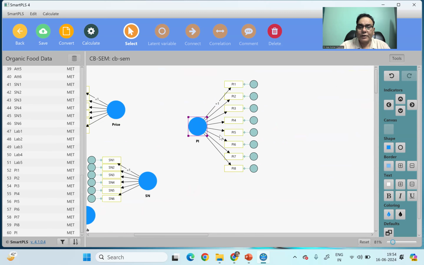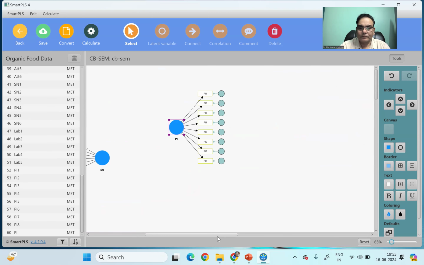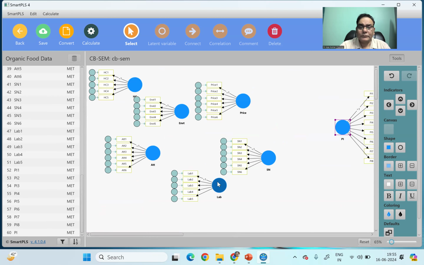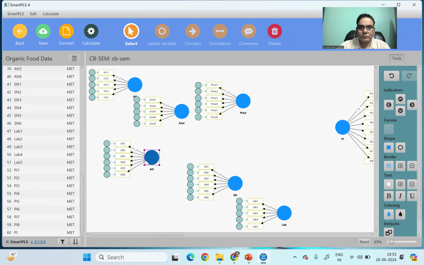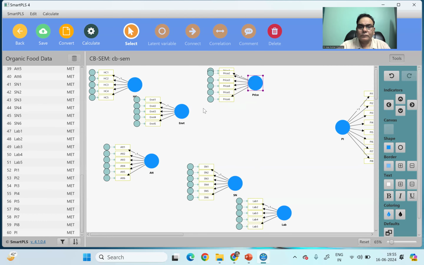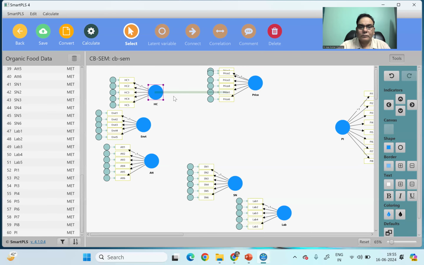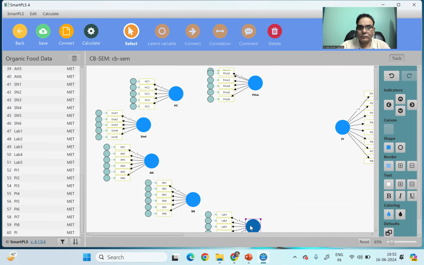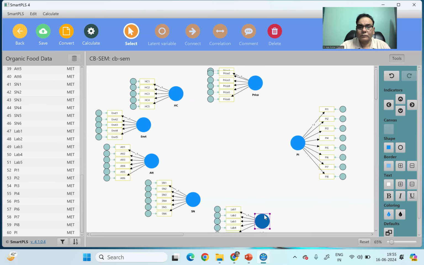So now we can make the model. Then go to connect.